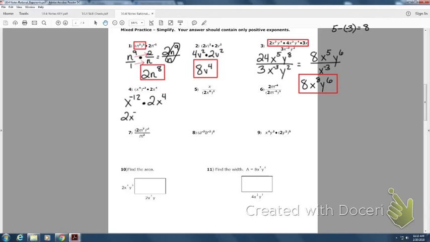Negative 12 plus 4 is going to give me negative 8. Does the 2, or the x, or does both have a negative exponent? Just the x. So all I move to the bottom is the negative exponent and its base. Now I get 2 over x to the 8th. Okay, so keep working on the rest, and I'll go over those here in a minute.